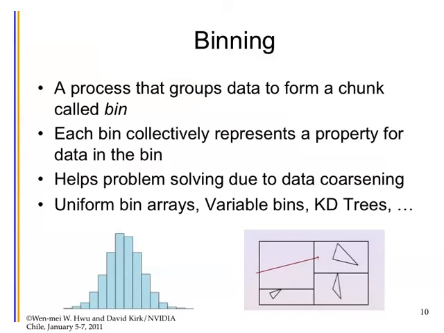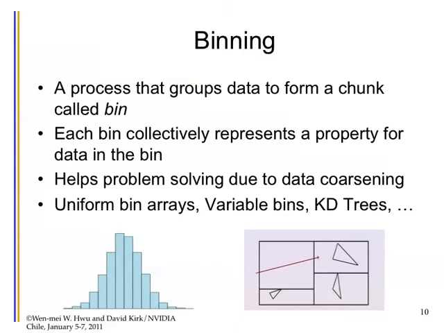A very frequent way of binning is uniform distribution, but it's not the only kind. There are also binning algorithms where you partition your space in a non-uniform way, such as what we call KD trees and quad trees and so on. Many of the people in astronomy would know these terminologies.